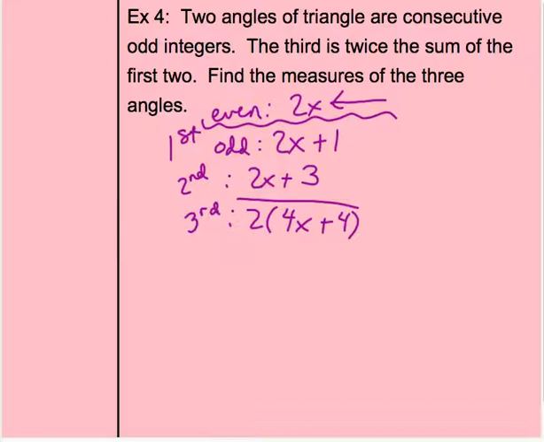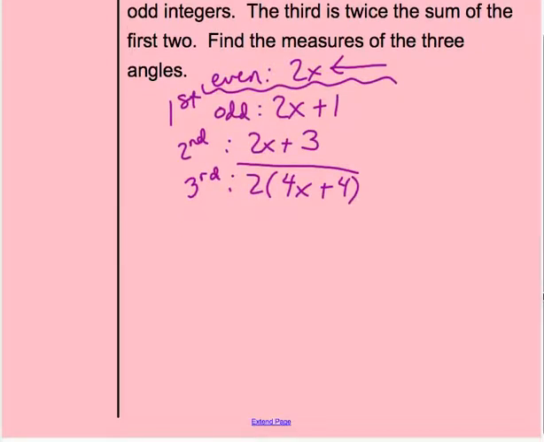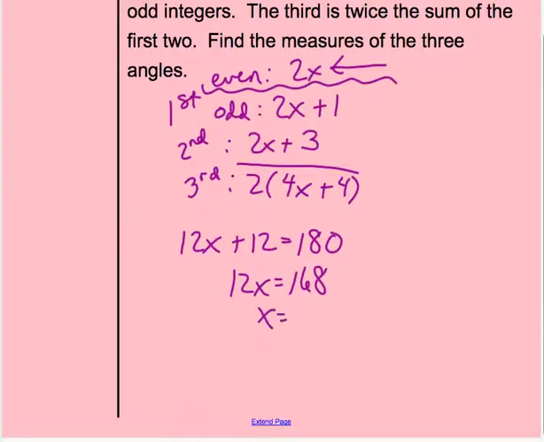Find the measure of the 3 angles, add them all up, set them equal to 180. So we have a total of 8 plus 4 is 12x, and 8 plus 4 is 12. So adding all 3 angles together, I got 12x plus 12. Double check my work. Subtracting 12 from both sides and dividing both sides by 12.